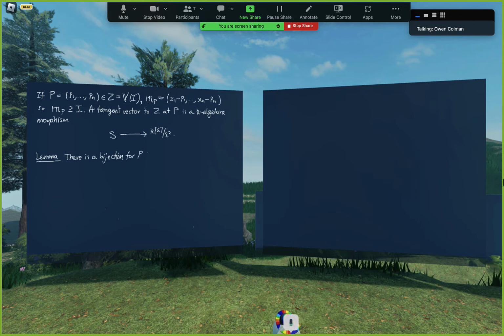Sorry, Dan, in the tangent vector, do you want the local ring S at MP? No. Or where does P come into it then? Oh, thank you. Yes, that's right.